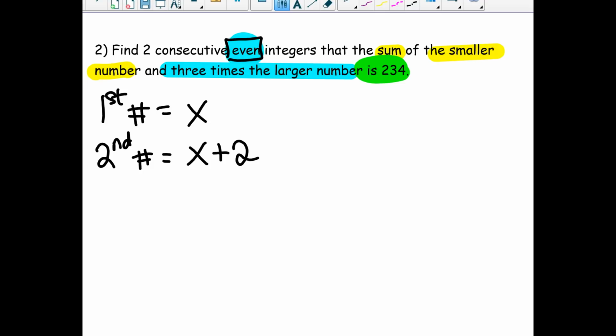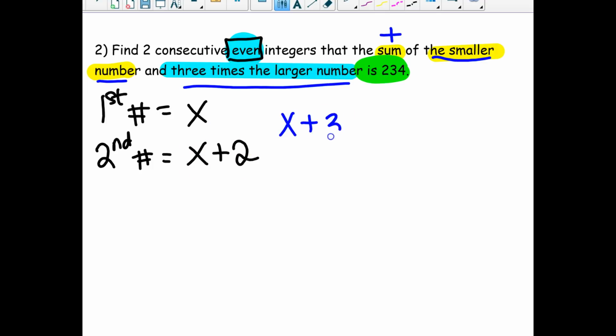Okay, now let's come up with an equation. The sum of the smaller number and 3 times the larger number is 234. So my smaller number is x. So the sum of the smaller number and 3 times the larger number. Now my larger number is going to be x plus 2.